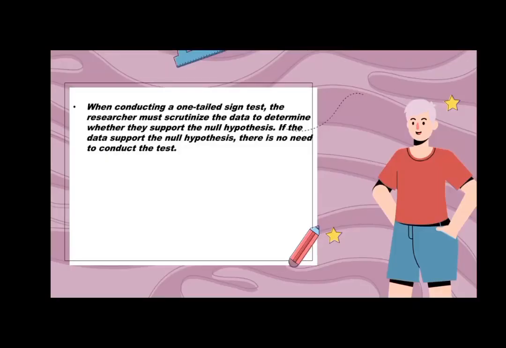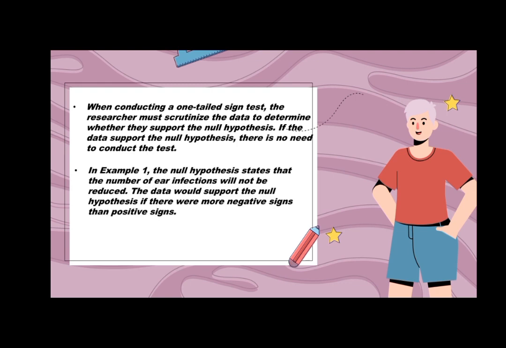When conducting a one-tailed sign test, the researcher must scrutinize the data to determine whether they support the null hypothesis. If the data support the null hypothesis, there is no need to conduct the test. In example number 1, the null hypothesis states that the number of ear infections will not be reduced. The data would support the null hypothesis if there were more negative signs than positive signs.